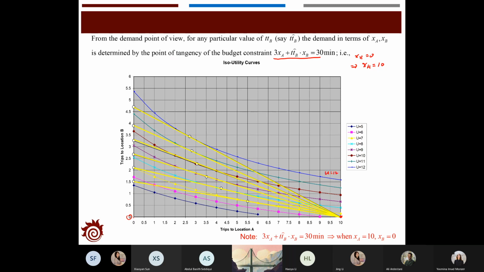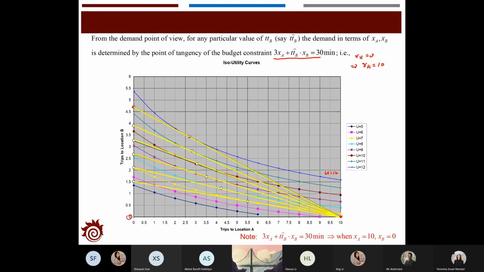So that's the first one. At this budget line, it will be tangent to this isoutility curve, and it also intercepts with the x-axis or the y-axis.